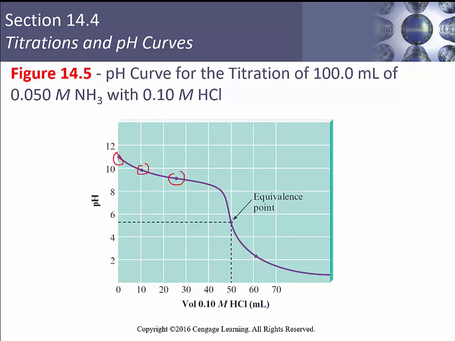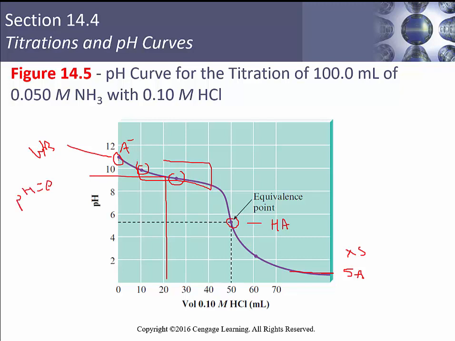At our equivalence point, we just have HA. Over here, after we've added in a lot of stuff, this is really just excess strong acid. Here, we're starting off with just A minus in solution. Right, that's just our weak base. All along here, we could Henderson-Hasselbalch it, but at 25, pH is equal to pKa, right?